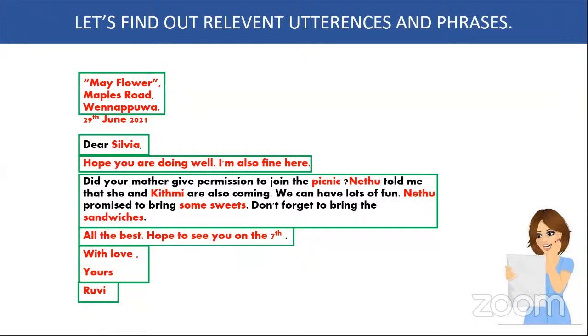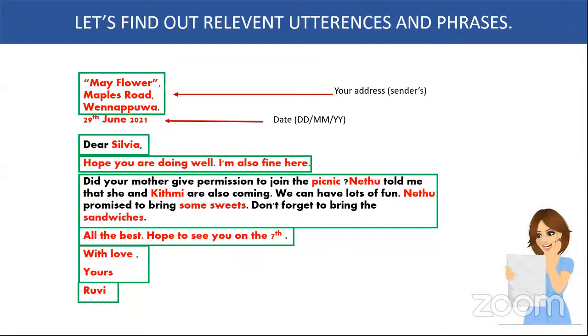Mayflower, Maple Road, Venapur. Then I gave you in that format, what is it? Your address or the sender's address. Then this is Ruby's address. Next one, what is next? Date. See whether Ruby has followed the correct format. DMY.